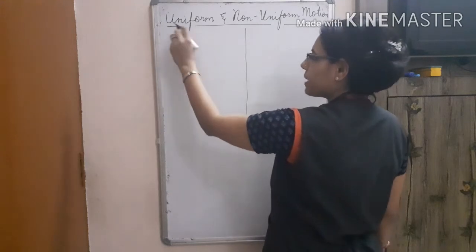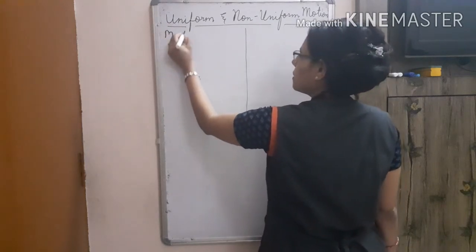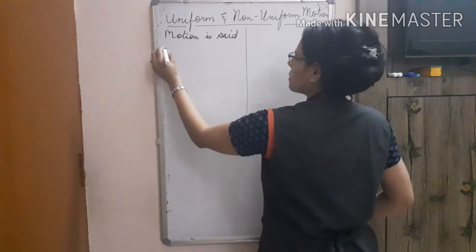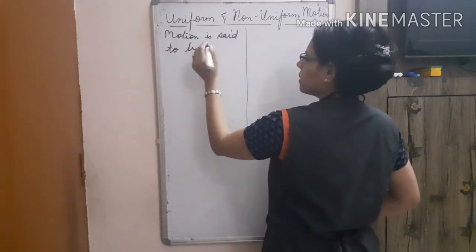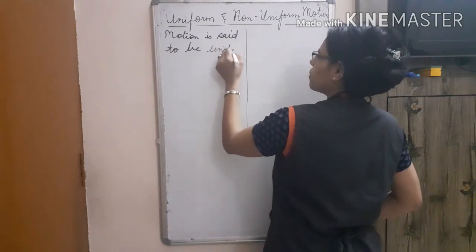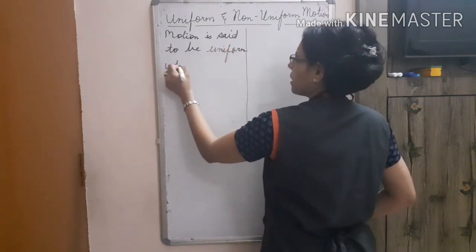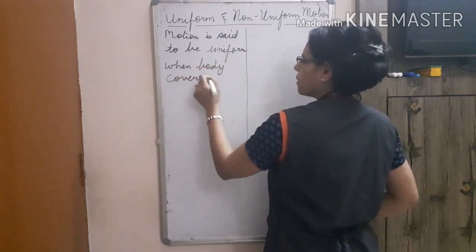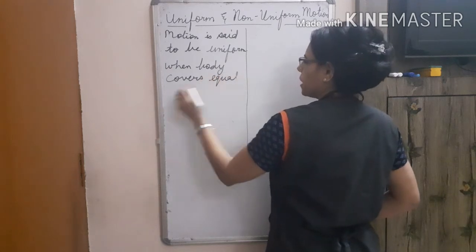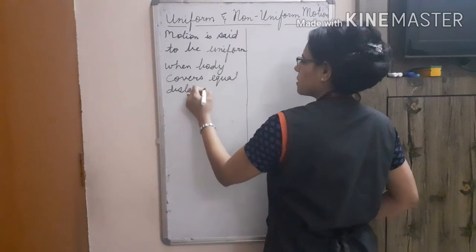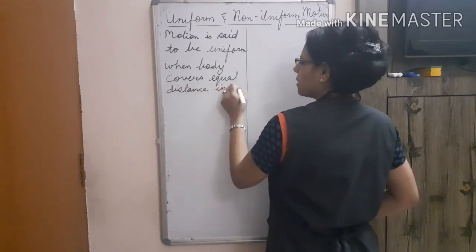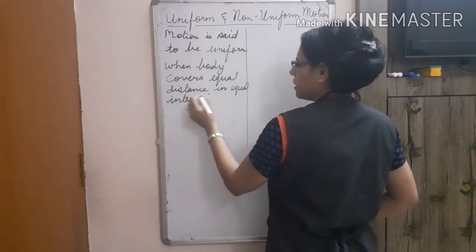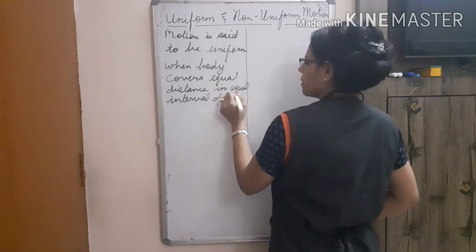About the uniform motion: motion is said to be uniform when a body covers equal distance in equal interval of time.